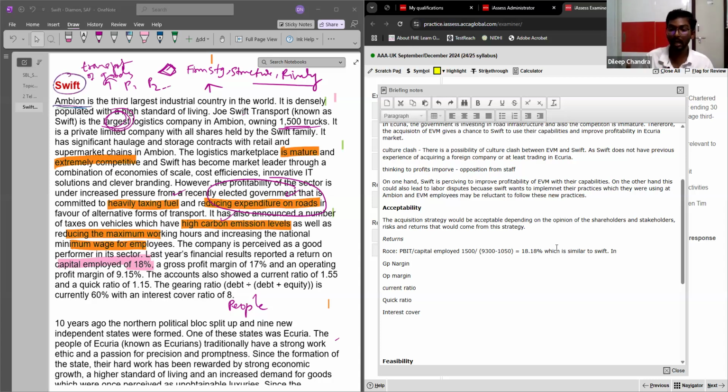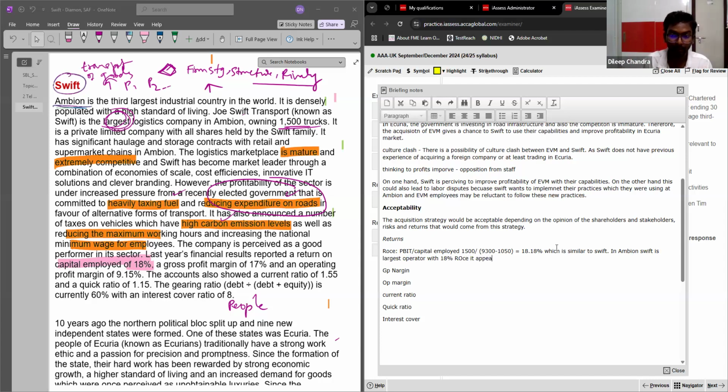So both are large participants. In the ambulance market, SWIFT is the largest operator with 18% ROCE.